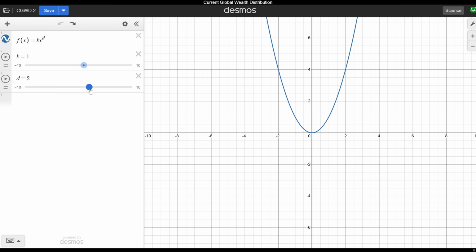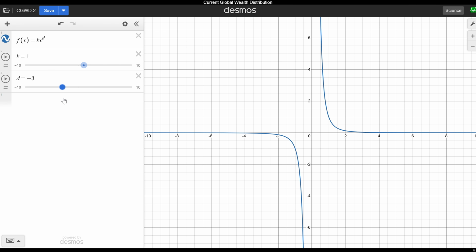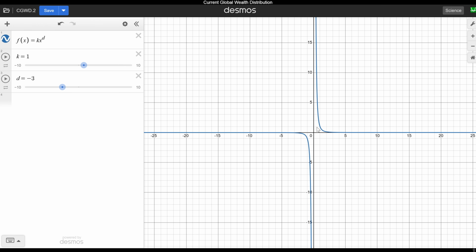D is the power. The graph takes on many shapes depending on d. For our purposes, observe the vertical asymptote appears at x equals 0 for negative d values.